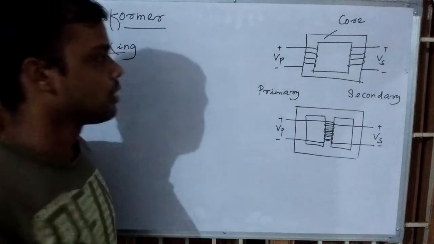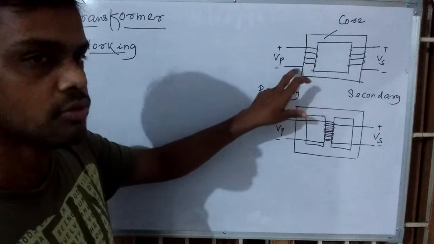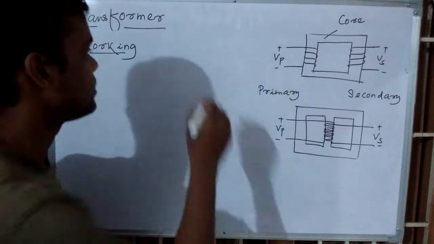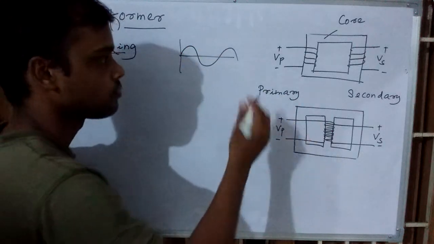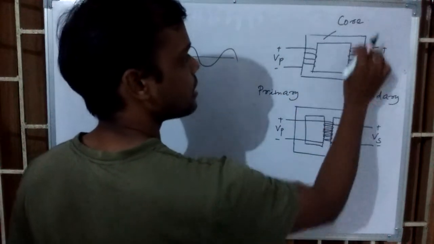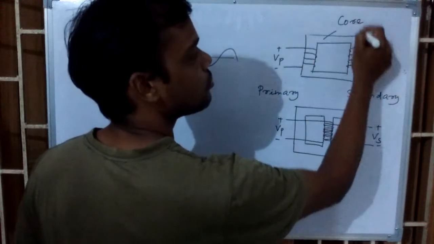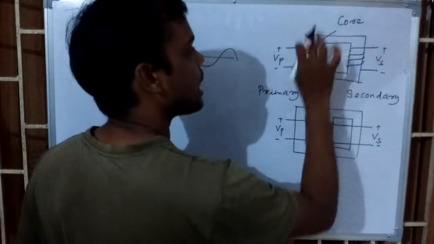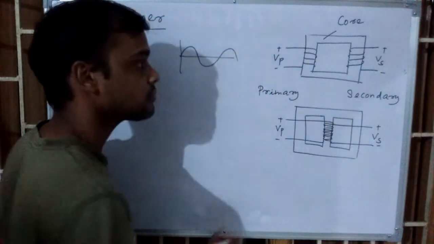Now if you give AC voltage from this side, the current will pass through it. Since AC is a sinusoidal voltage and hence the current changes sinusoidally, the magnetic field arising because of this coil will go like this, and that magnetic field will link this secondary coil.